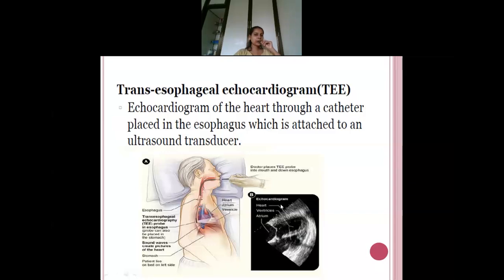That you can see through the screen. That is called a transesophageal echocardiogram. I'll repeat. As the name suggests, ultrasound of the heart is done by putting a catheter into the mouth, into the esophagus, and then it will check the heart. It is also based on the principle of sound waves.